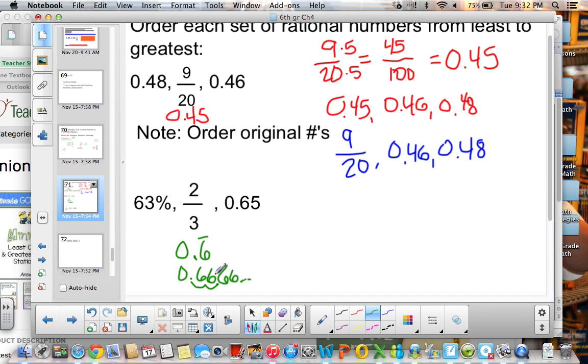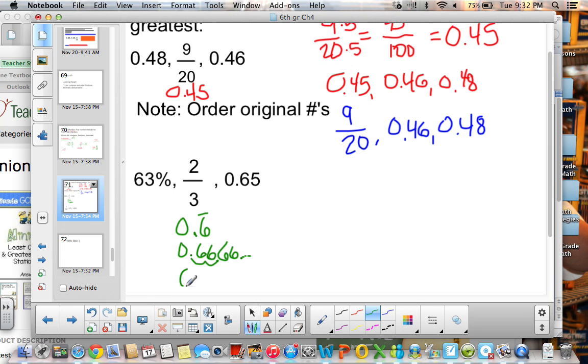So we can rewrite it as 66 point, and we could round this up to 7. It really wouldn't matter too much if we had 66.6% or 66.7%, but it is approximately 66.7%. And for 0.65, we move the decimal place to the right 2, and then we write that number and add the percent sign.